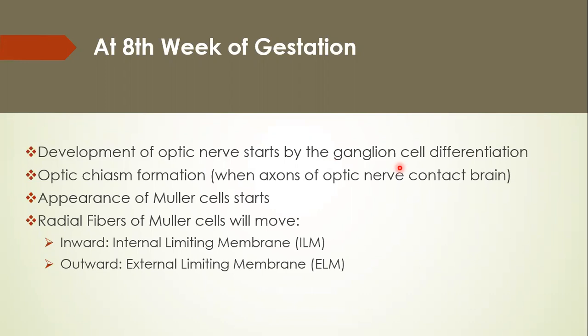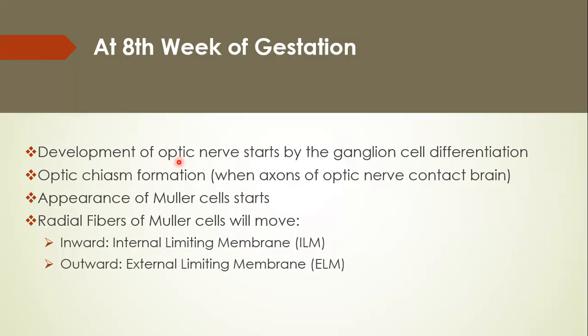The ganglion cells will differentiate or multiply, and they'll start the development of the optic nerve, right? At the 8th week of gestation there will be the development of the optic nerve, and then the optic chiasm will be formed. Now what happens over here, when we know that in the visual pathway we have discussed that after the optic nerve we get the optic chiasma.